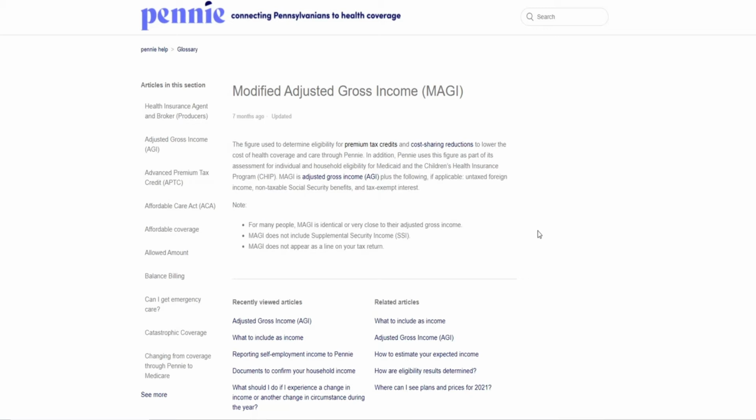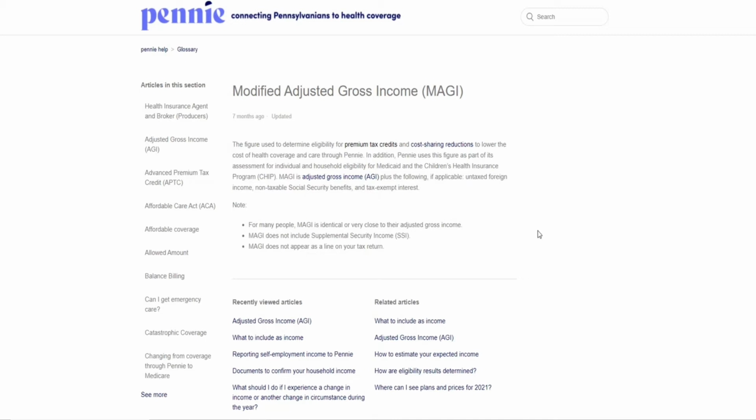And that's something we're going to take a look at in a minute. But the modified adjusted gross income is the figure that you use to determine eligibility for premium tax credits and cost sharing reductions to lower the cost of coverage and care through Pennie. In addition, Pennie uses this figure as part of its assessment for individual and household eligibility for Medicaid and CHIP.